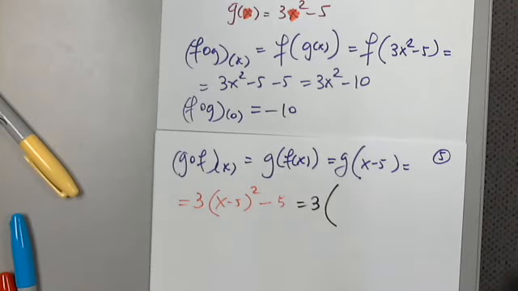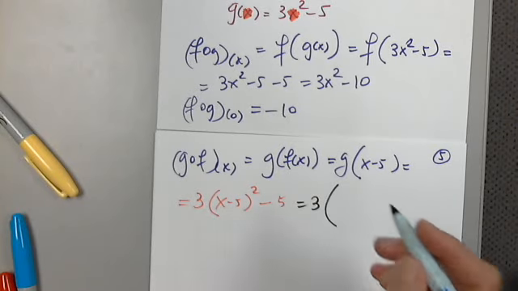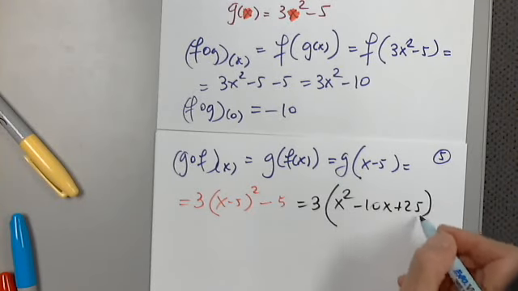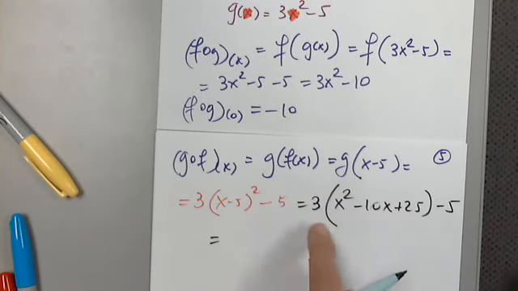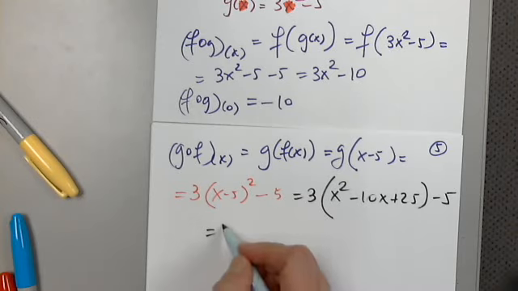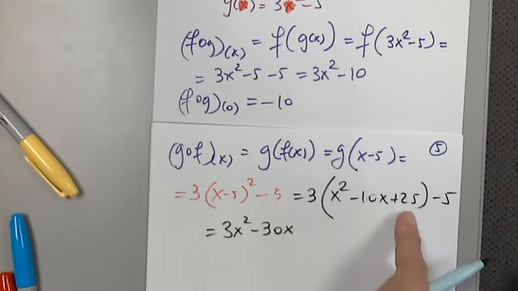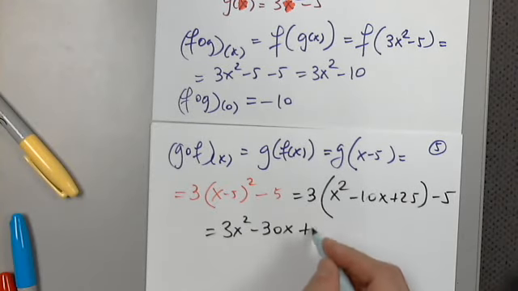And they are. Awesome. Now only now I can distribute 3. 3x squared minus 30x. This is plus 75 minus 5 is plus 70.